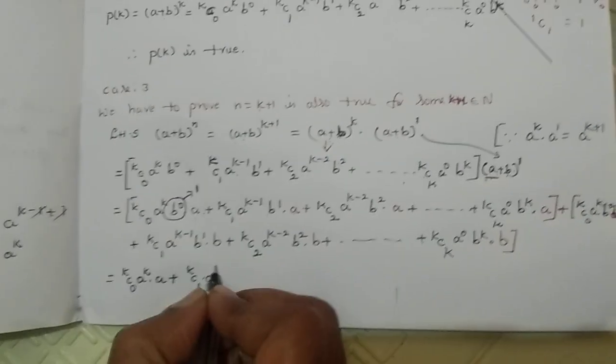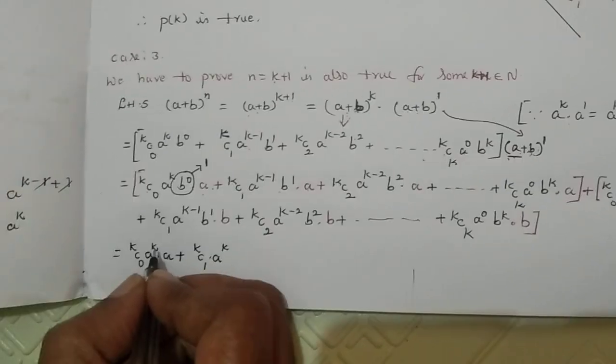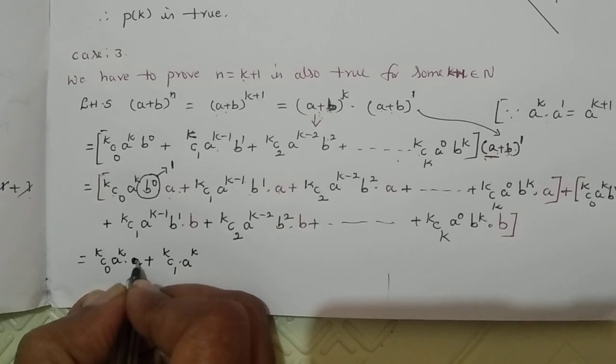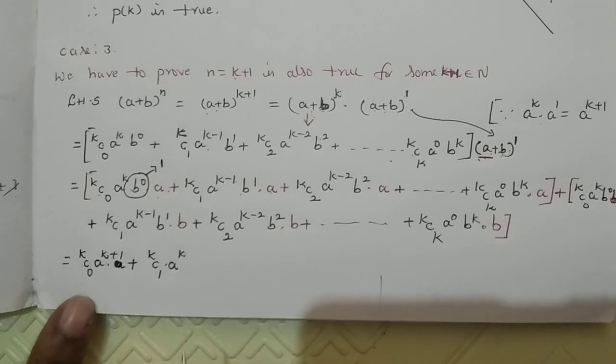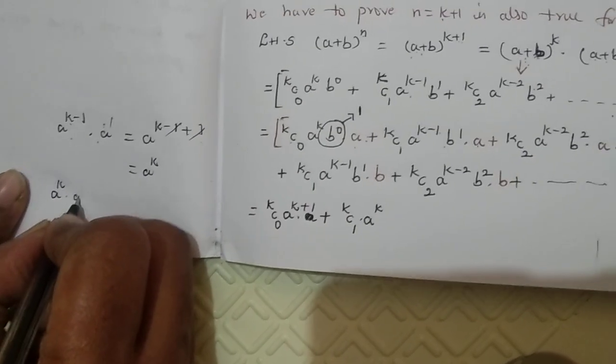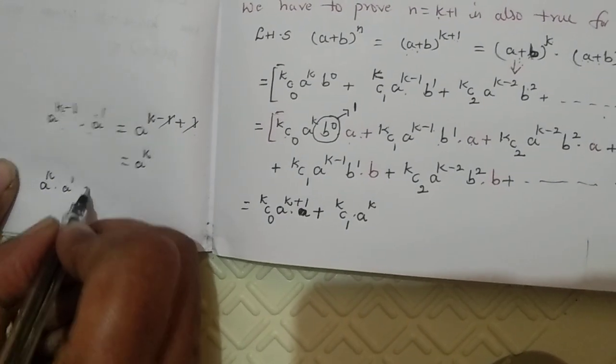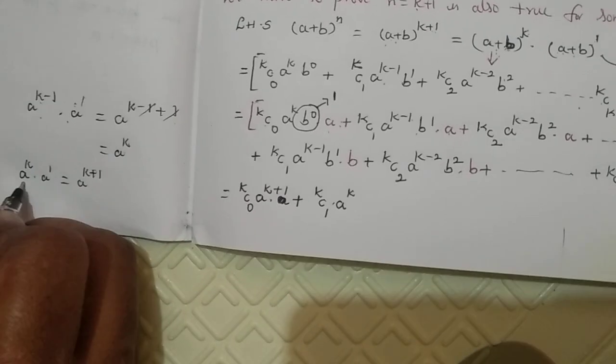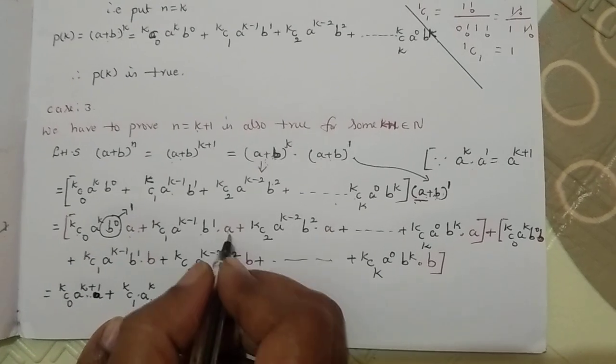Here also you can directly write k plus 1. How? a to the power of k and a to the power of 1 gives a to the power of k plus 1. Same logic: bases are same, add the powers. Into this b.